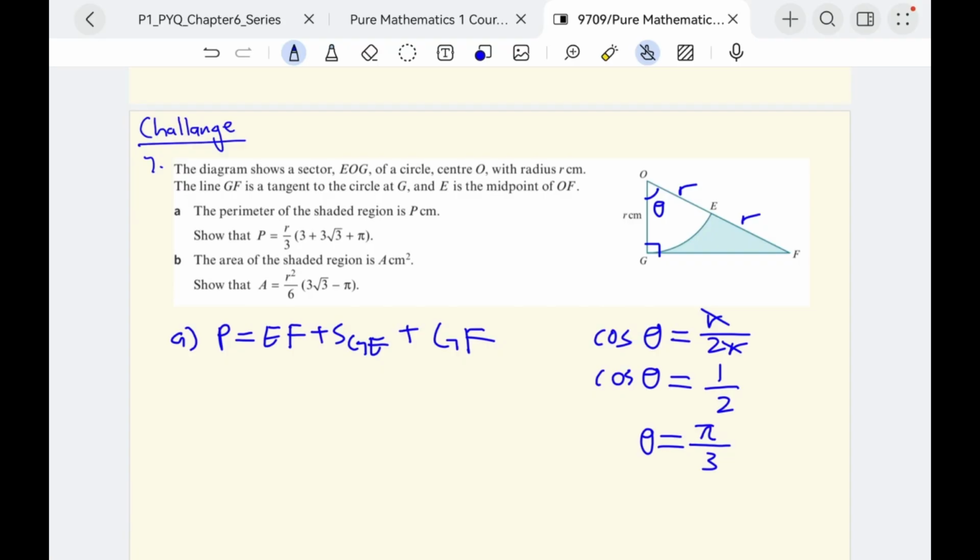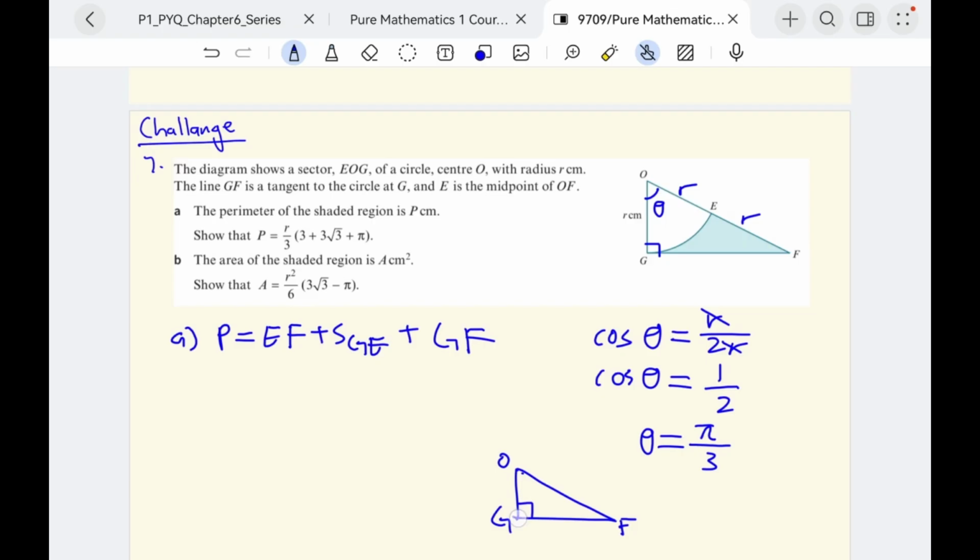So how do we find GF? Recall that this is the right-angled triangle OGF, so to get GF, you have to use the Pythagoras theorem. Let me draw out the triangle for your understanding.